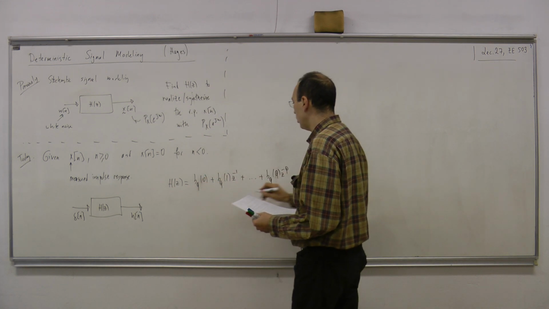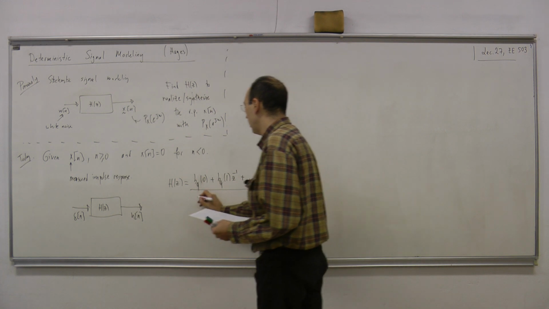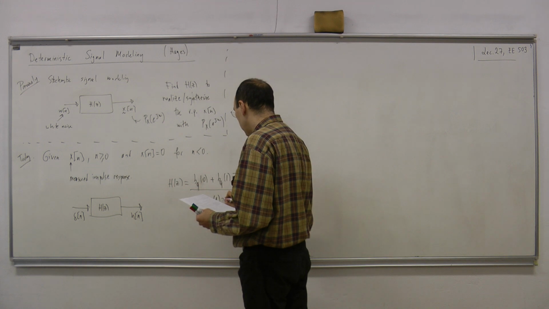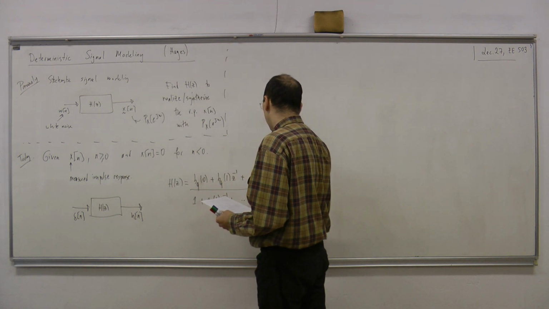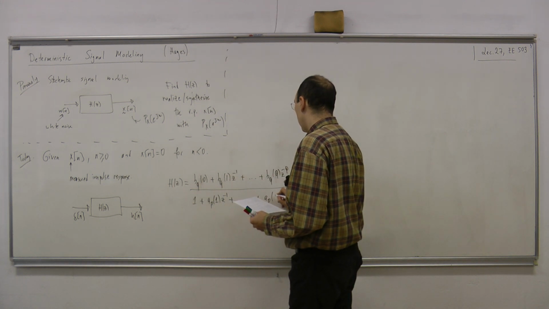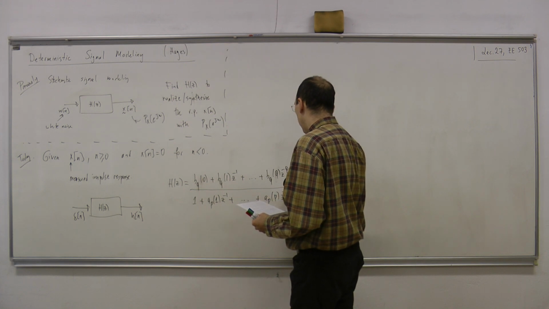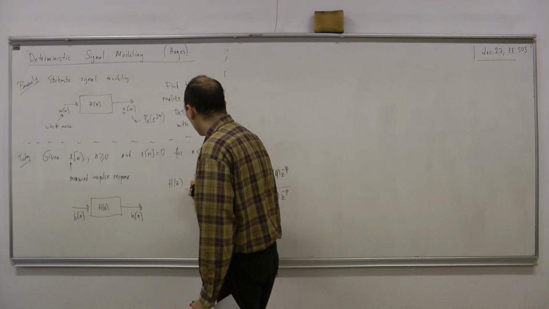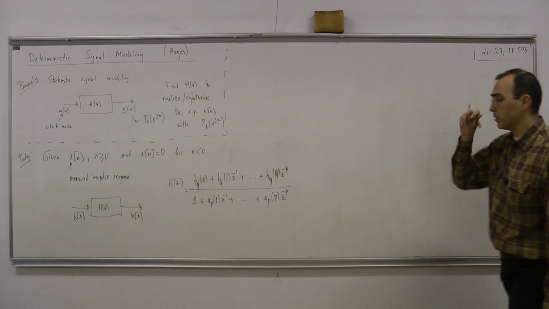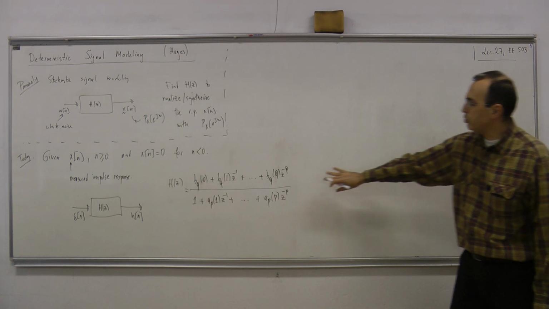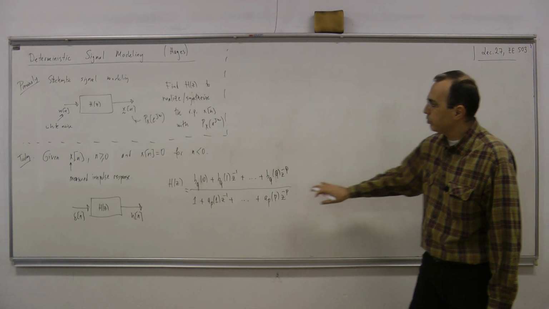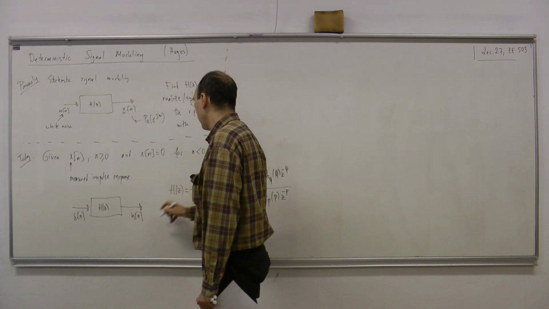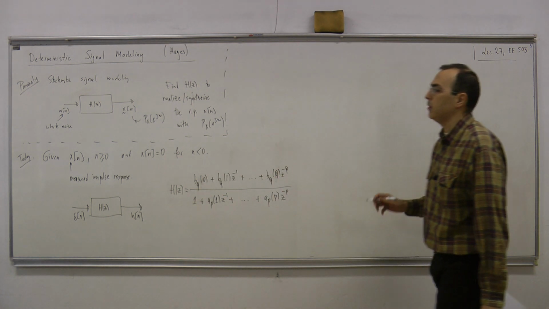So our task is finding or setting these coefficients in the numerator and the denominator of this ratio such that this impulse response h(n) approximates this measured impulse response.